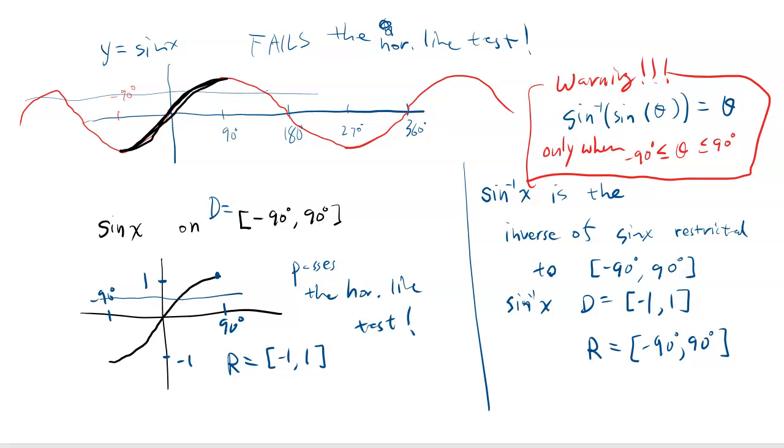It doesn't have exceptions, but sometimes your angle won't be between negative 90 to 90 when you apply something called the law of sines that we're going to do later. So when we get there, hopefully you remember this and realize that sometimes sine inverse wouldn't produce the correct angle theta you want because this angle theta lies outside the 90 degrees. It might be bigger than 90 degrees, then because of this warning, sometimes sine inverse doesn't work as you expect.